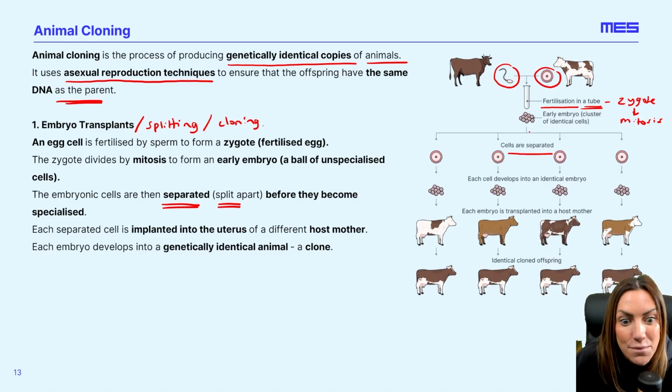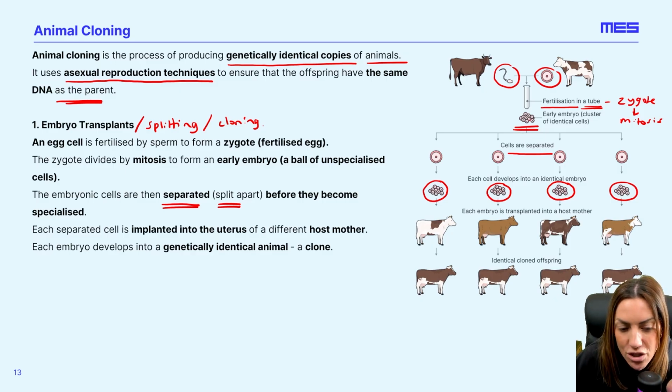They're still stem cells, right? They're still embryonic stem cells. So we separate the cells from that embryo, and those cells will continue to divide by mitosis, normal cell division for growth. So the embryo cells will continue to divide by mitosis, and now you can see we've basically created 4 separate embryos from one original embryo.